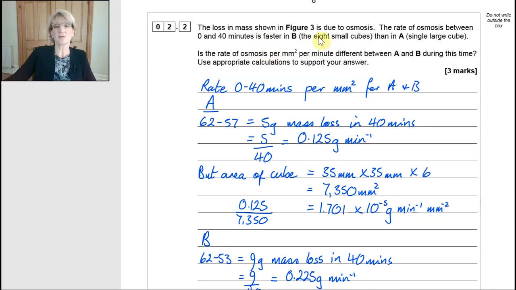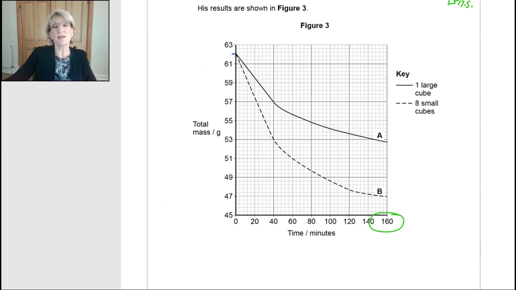Here you had to work out the rate of osmosis between 0 and 40 minutes. Is it different? And use calculations. Okay, calculations means do sums with numbers. So we had to work out the rate of osmosis between 0 and 40 minutes for both of these sets of cubes.